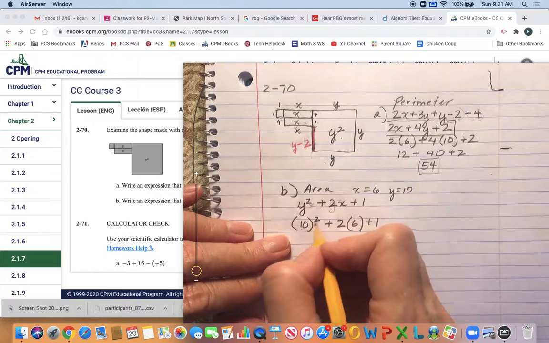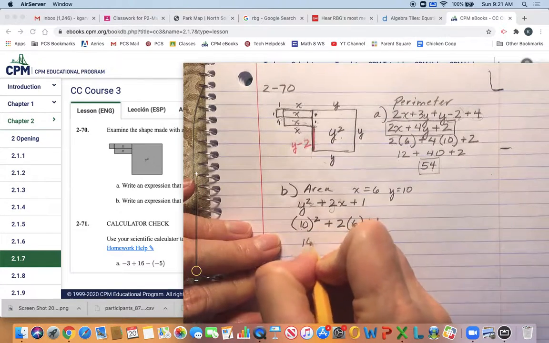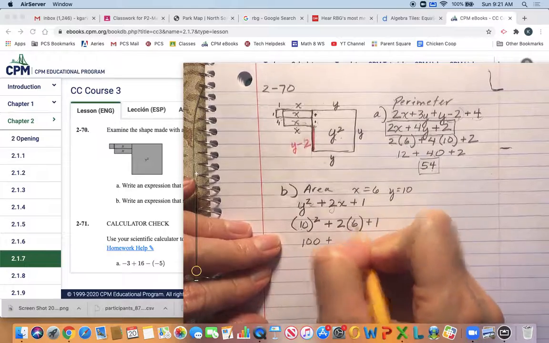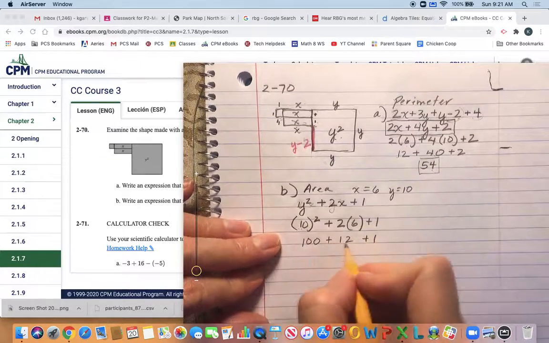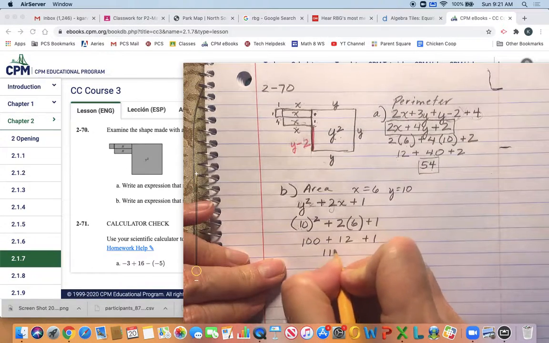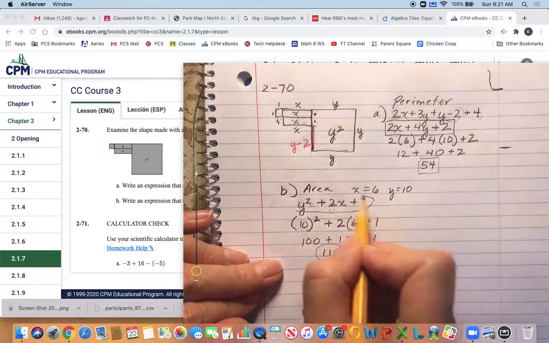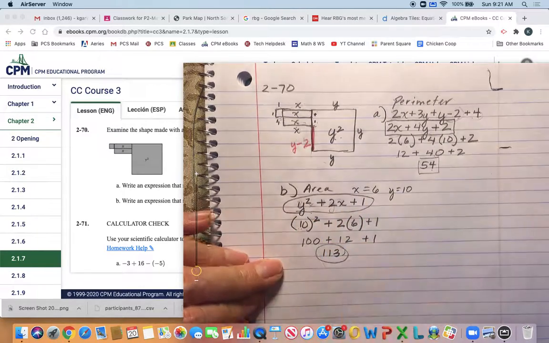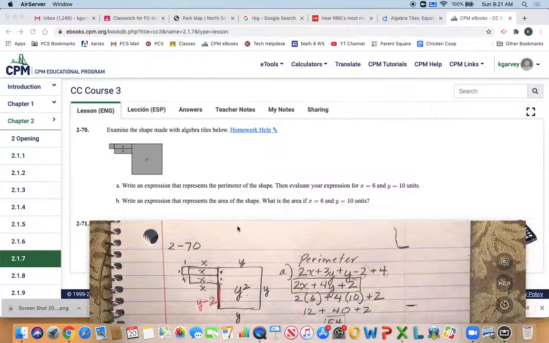And so 10 times itself is 100, plus 2 times 6 is 12, plus 1. So that's 112 plus 1, which is 113. So there's our answer there. Here is our simplified expression. And we have answered this question fully.